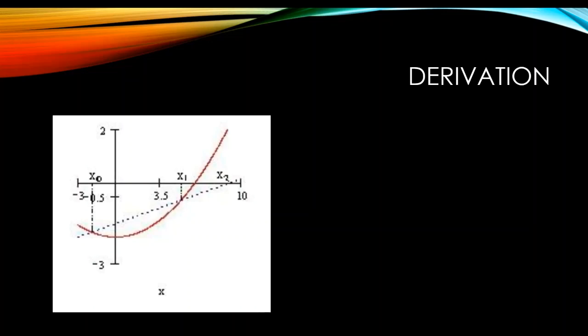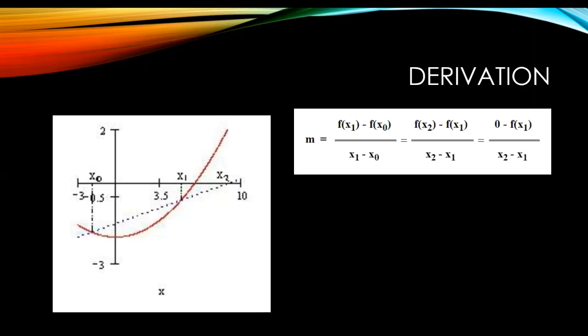So what is the equation that relates x sub 0, x sub 1, and x sub 2? Using the slope, which is m, we could derive the relationship between these 3 points.